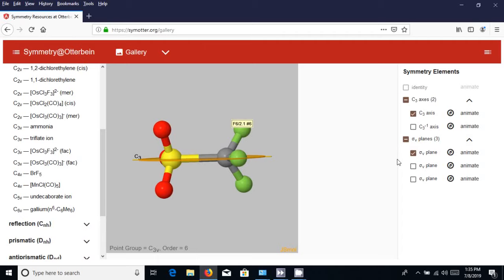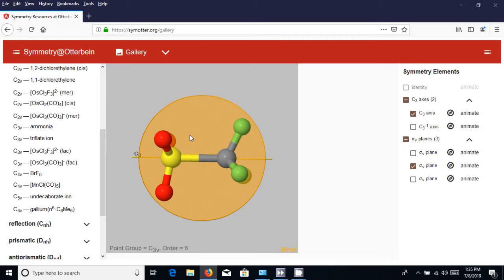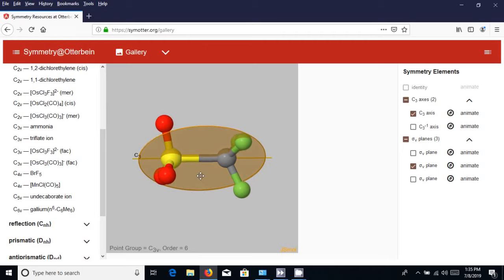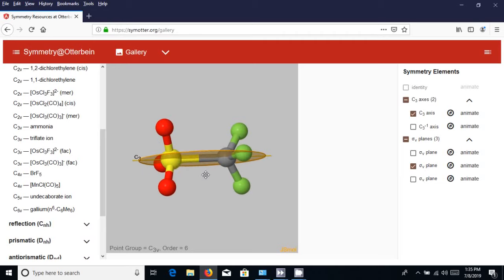Now I am removing this particular plane and putting another plane. This other plane would go through another bond, just as we have done for ammonia. These two are reflecting. If I animate this, then you will see these are the reflecting ones.